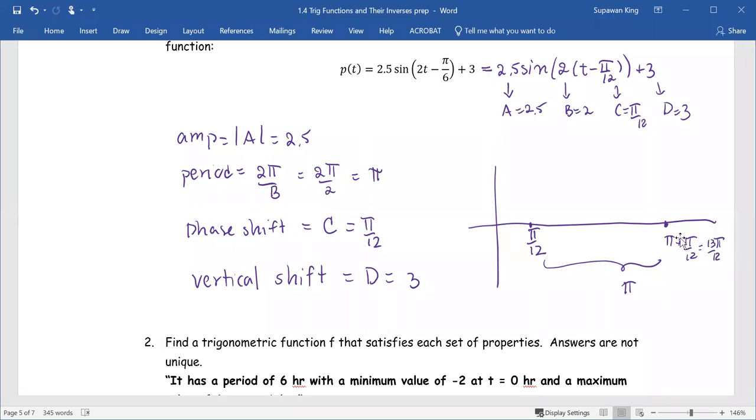And the graph has the vertical shift at 3. This is a sine graph. It will look similar to this.